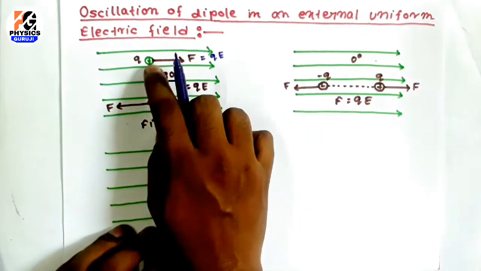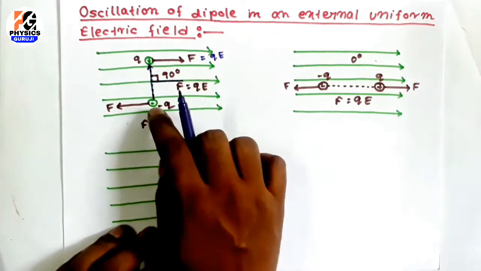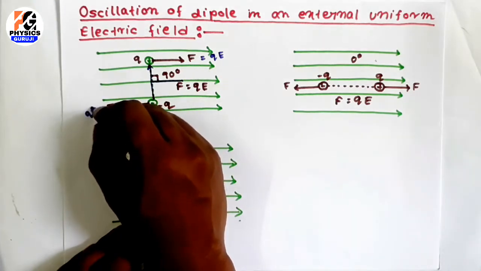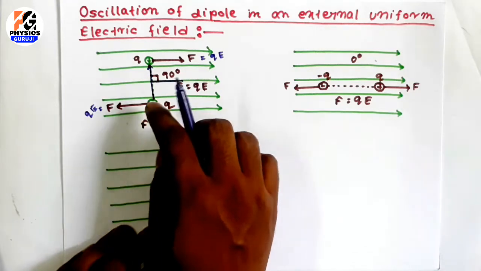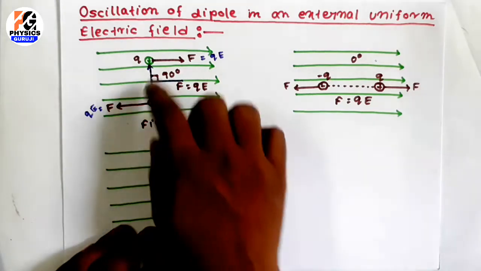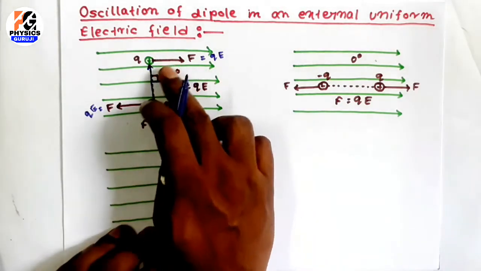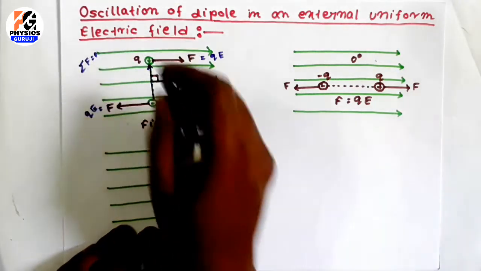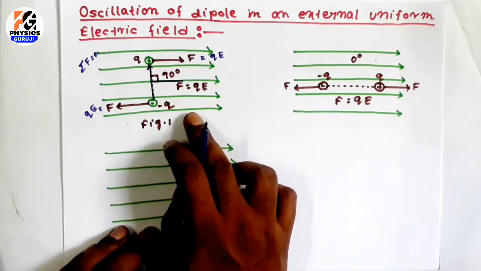For the negative charge the force also has magnitude QE, but as the charge is negative, the electric force is opposite to the electric field. These two forces act in opposite directions, so the total force on this dipole, the summation of F, is equal to 0. That is, there will be no translational motion.